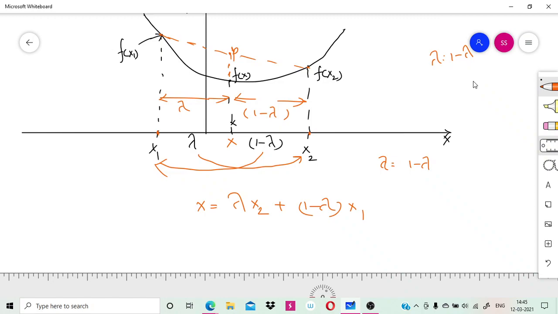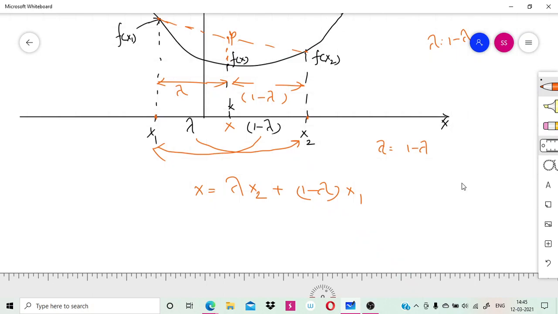Okay, so this is what x. Similarly, in the same concept, we can write the point P also. That point P is given by f of this, with lambda and 1 minus lambda. So we cross multiply and sum.